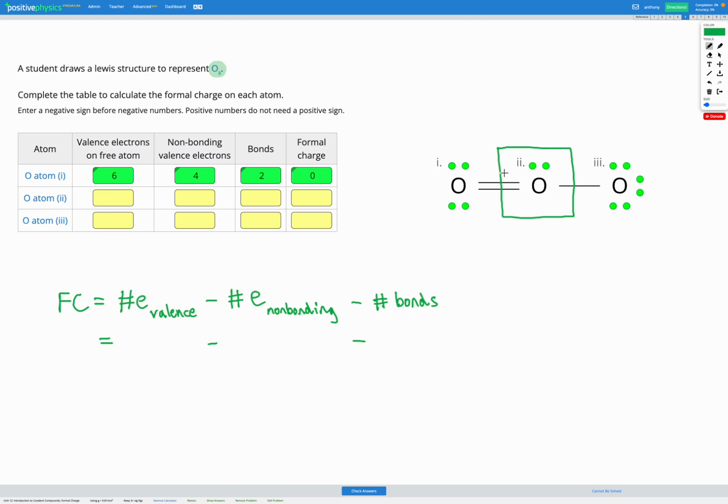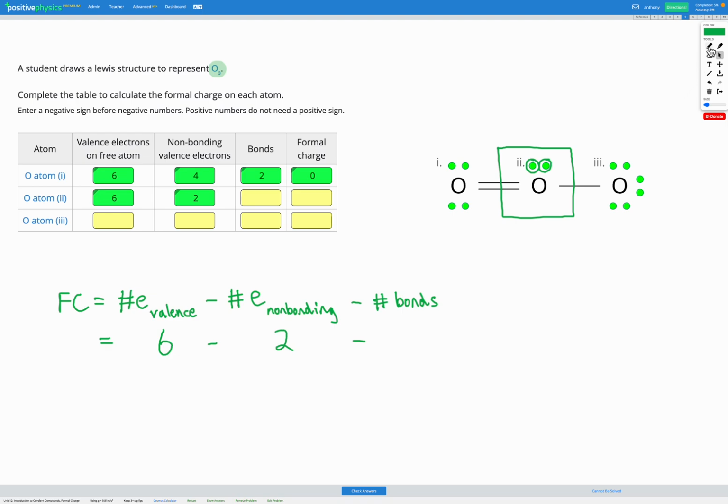So it's just going to be 6 again, and we can fill that in our table. Next, the number of non-bonding valence electrons. We have 2 electrons that are not involved in bonding, so we've got 2 non-bonding electrons in our valence shell.